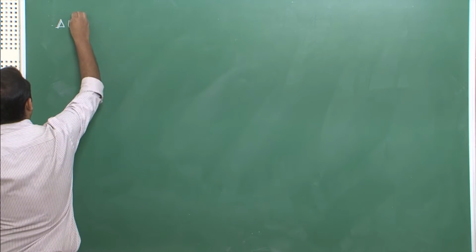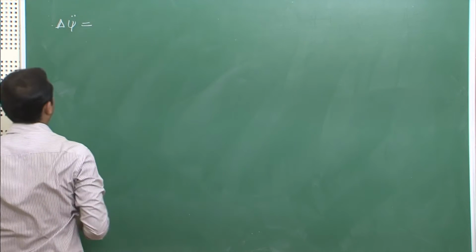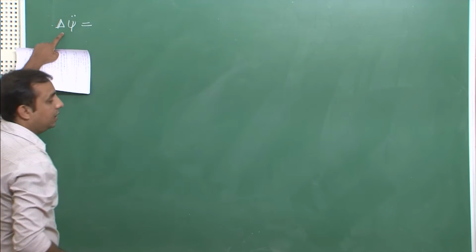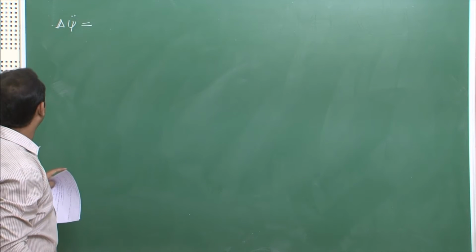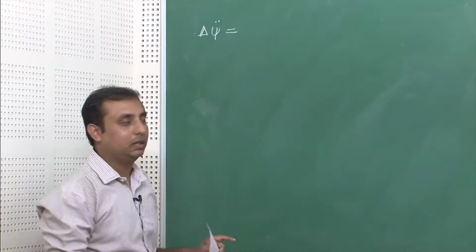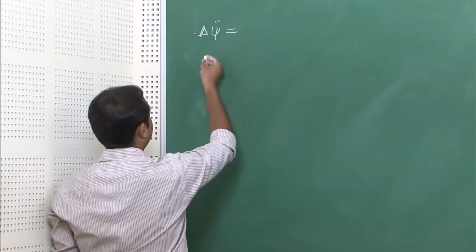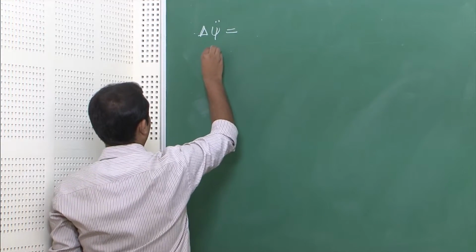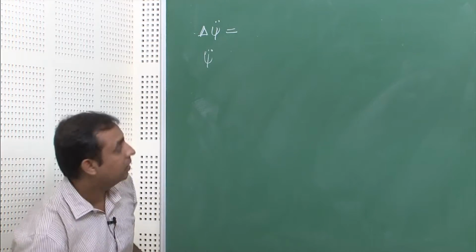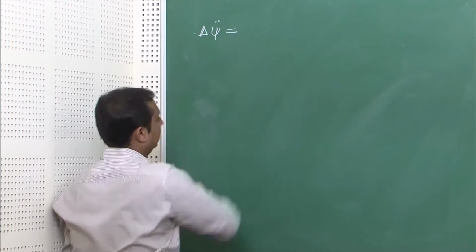delta psi double dot. Don't get confused with this delta, this represents your perturbed variables. You can write delta psi dot or psi dot in small, it will be the same. I prefer using the notation delta of psi dot.